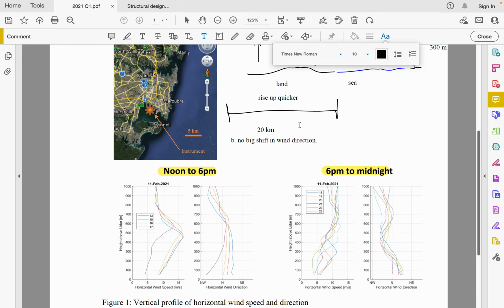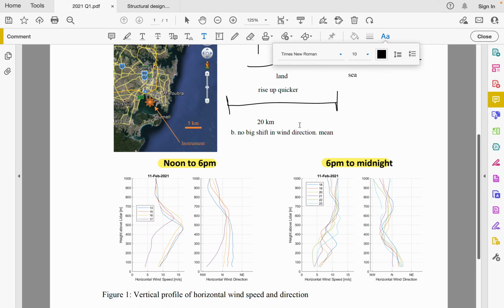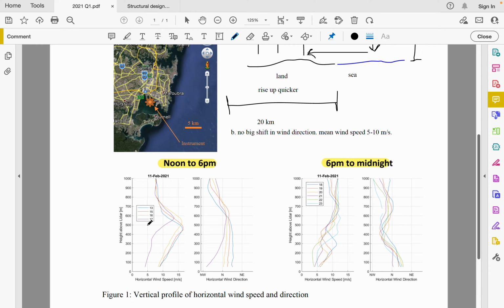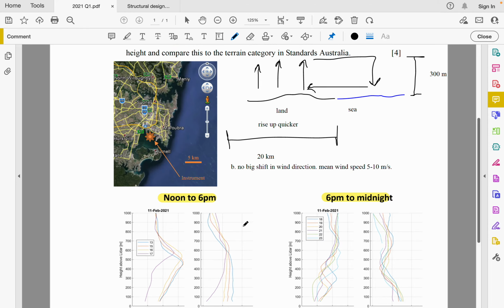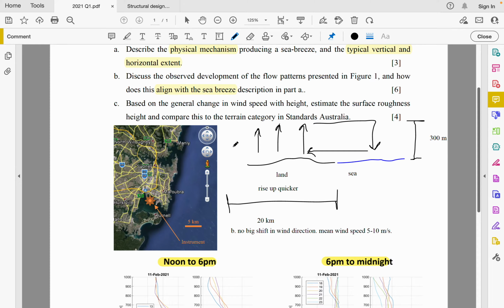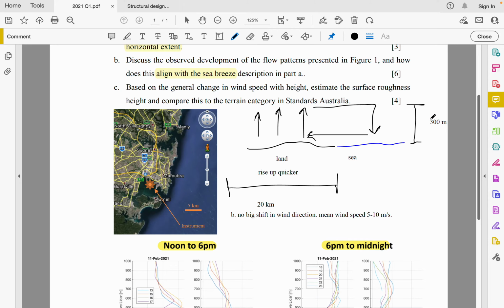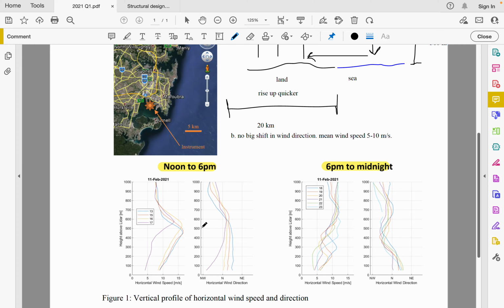Another point we can see is the mean wind speed, 5 to 10 meters per second. And the wind speed increases up until 500 meters. If we think about the sea breeze, we illustrated that the height should be up to 300 meters, which doesn't align.